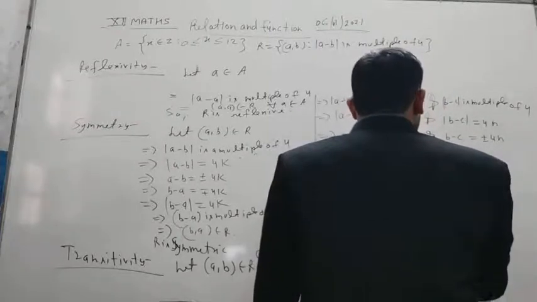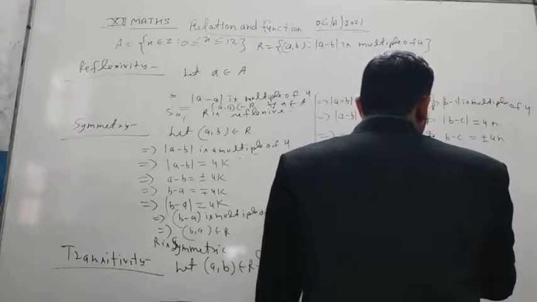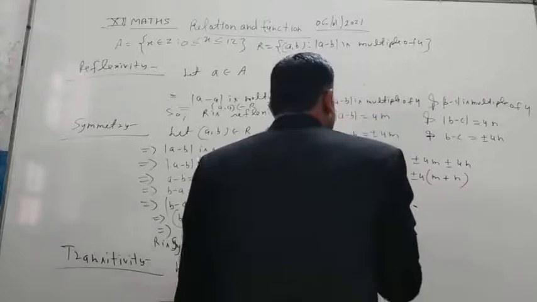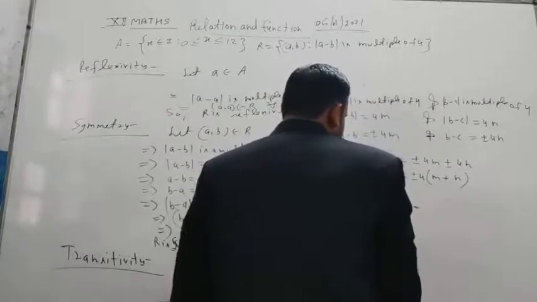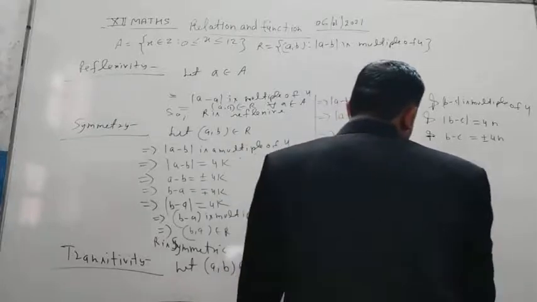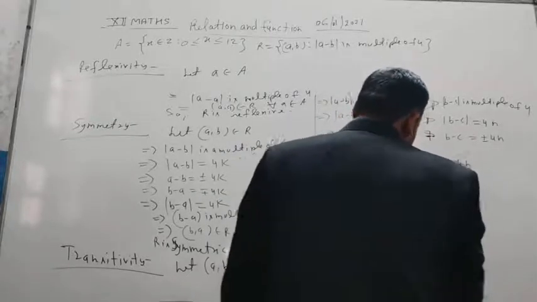Taking plus minus 4 outside, inside we get A minus C. Now when we use modulus again, we write 4 times m plus n.